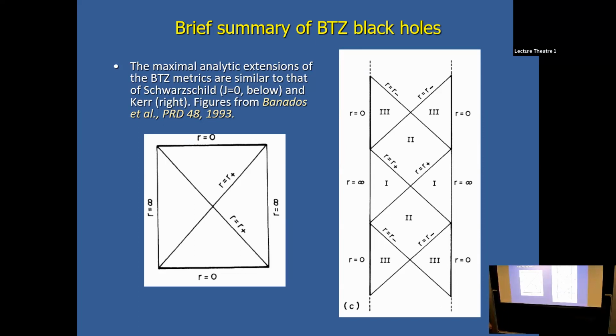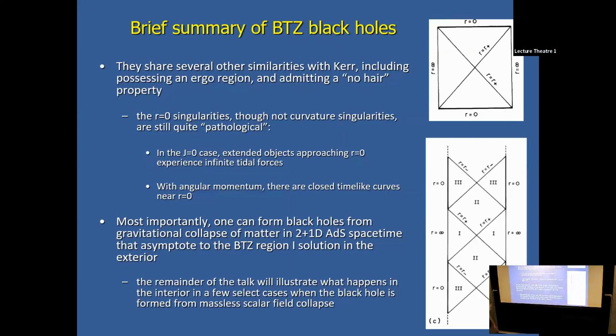So, it's got ergo regions, etc. People have shown that there are certain no-hair properties, but in particular, it's a space of constant curvature, but R equals 0 is still pathological. In the case of the Schwarzschild-like solution, it's also tidally crushing.